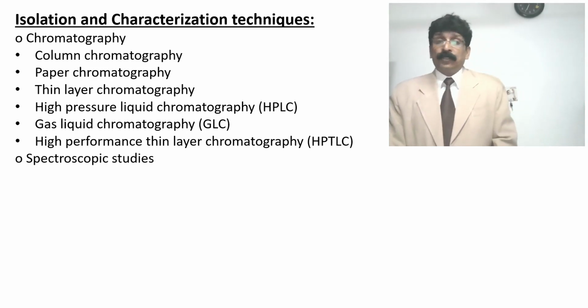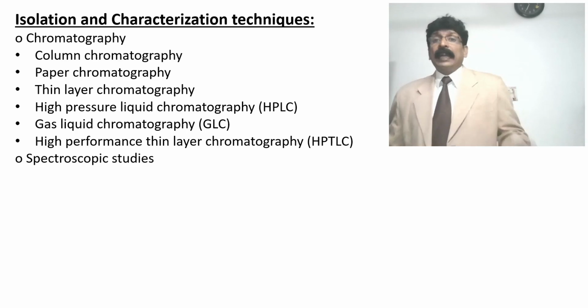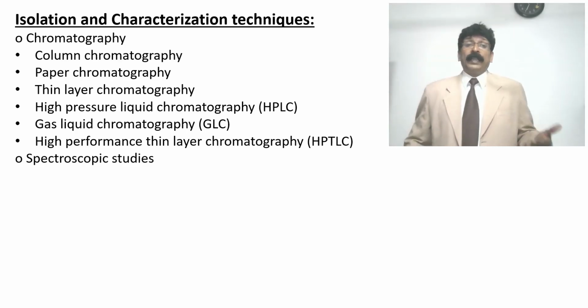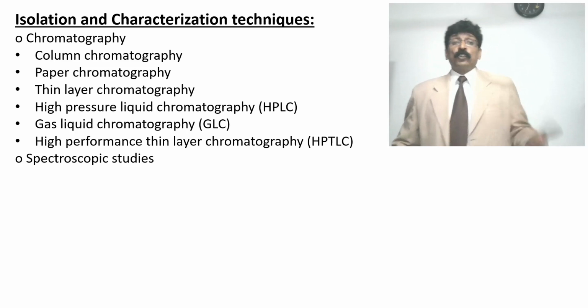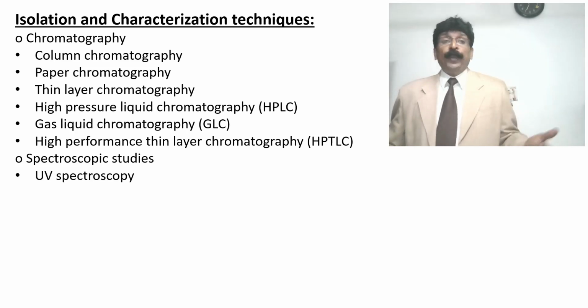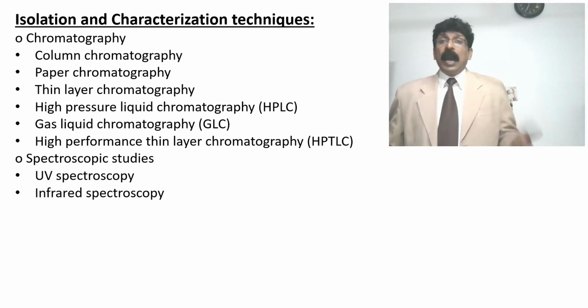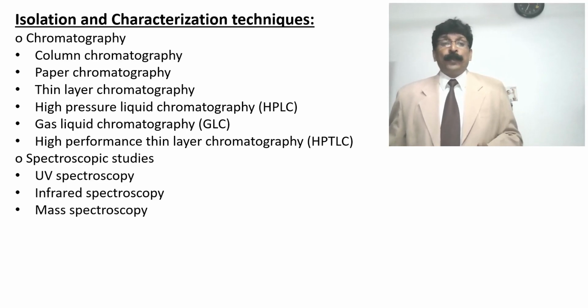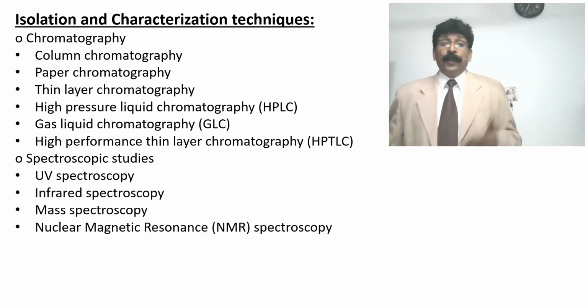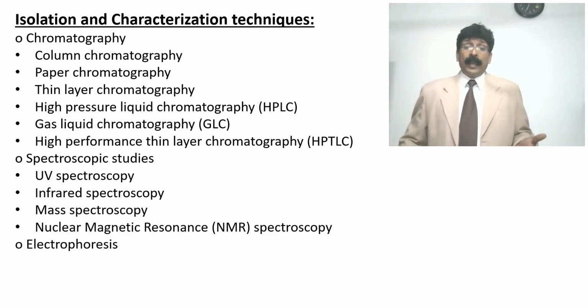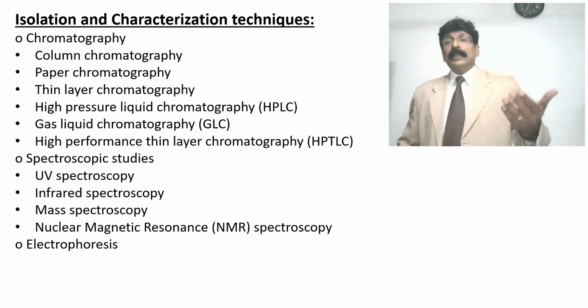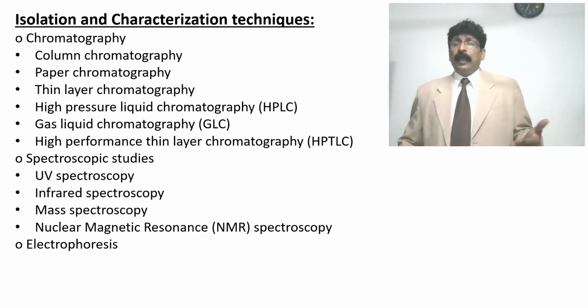Then for characterization we have to study the applications of spectroscopic studies in this chapter, like UV spectroscopy, IR, that means infrared spectroscopy, mass spectroscopy, nuclear magnetic resonance spectroscopy, NMR, and other spectroscopies like emission spectroscopy, and various other detectors, flame photometer, turbidometry.